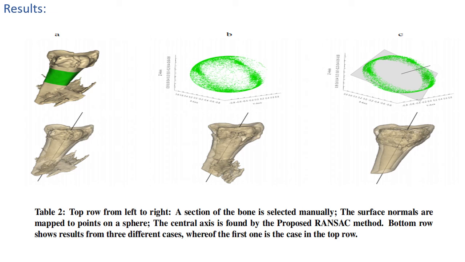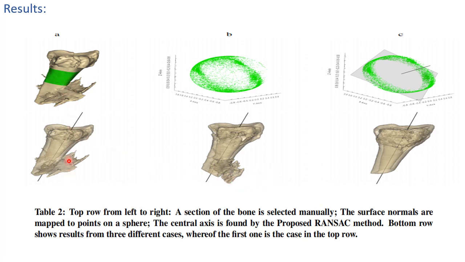These are the results shown in the paper. These are typical bone structures. The central axes of these bone structures are formed by the proposed RANSAC method.